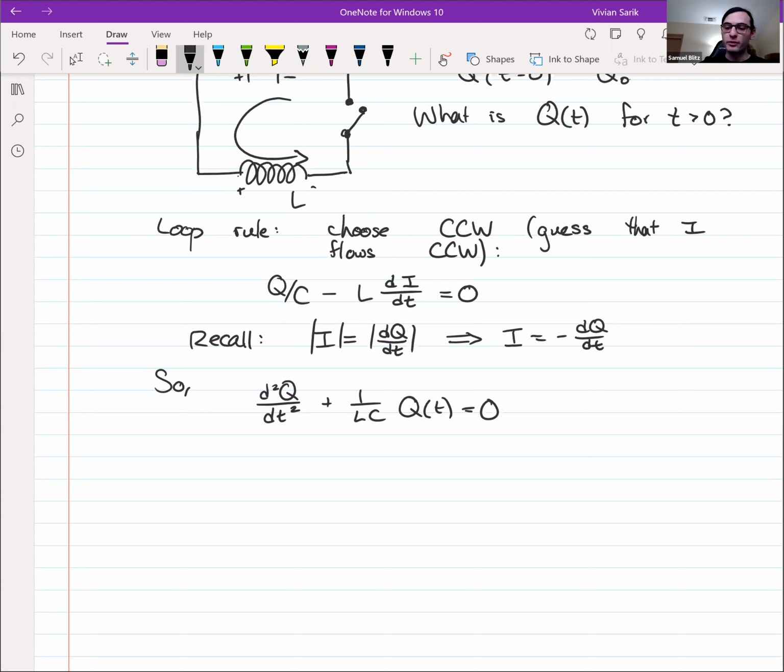What I've done is I've substituted in this I here, so that's how we get the second derivative. And then I've divided through by the L, and the two negative signs cancel out. I've just done some simplification here. But this kind of equation should look familiar to you guys. This is the equation that governs simple harmonic motion that you may or may not have seen in 9A.